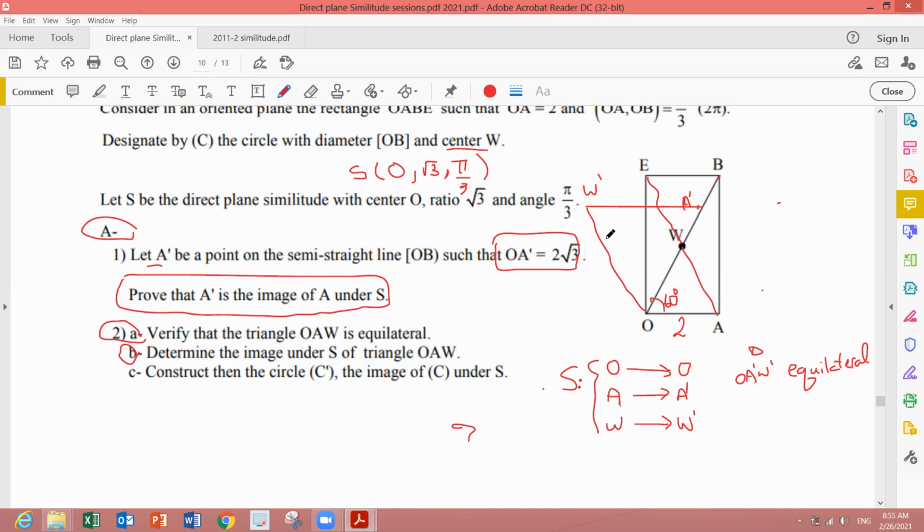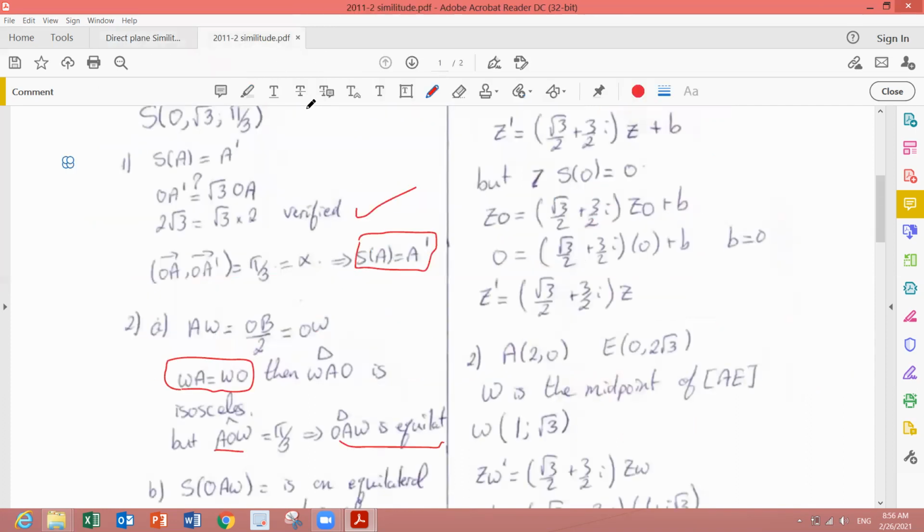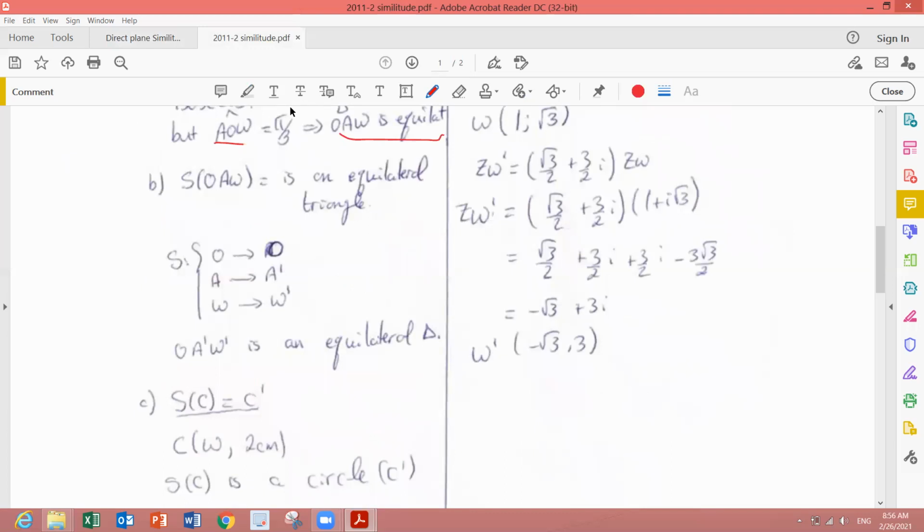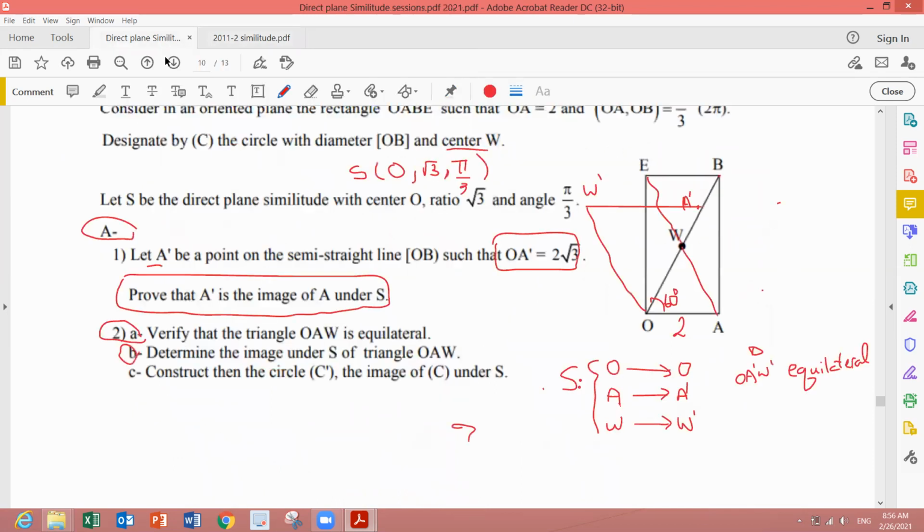Is it here, or is there another place? We do it on the other side too. No, it needs to be direct. Okay. So here we say OA prime W prime is an equilateral triangle. Done? Yes. Okay, Part C.